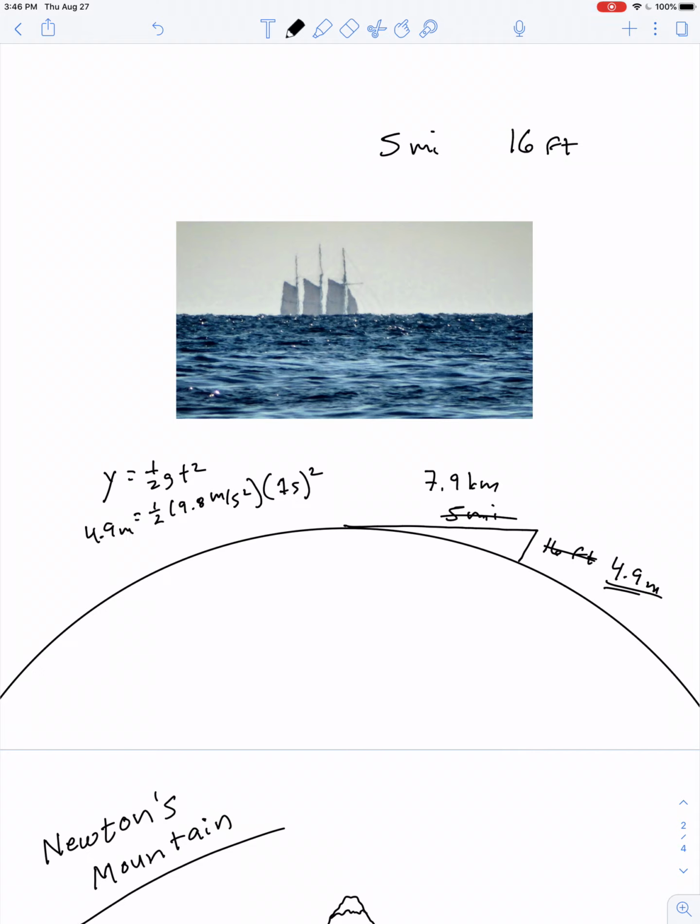It's a common mistake to think that an object falls 9.8 meters in the first second of free fall. It only falls 4.9 meters, half of that value.